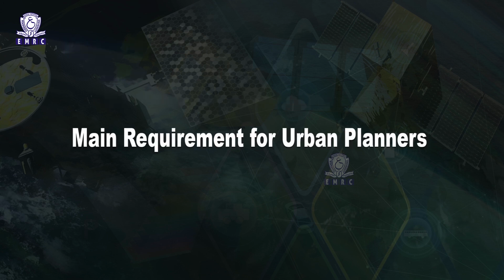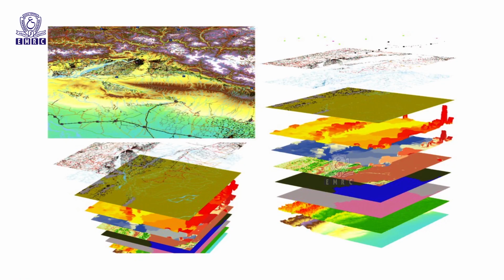Main requirement for urban planners. Apart from topographical mapping, planners also look forward to remote sensing data products and technology to provide them information on existing land use and the periodic updating and monitoring.